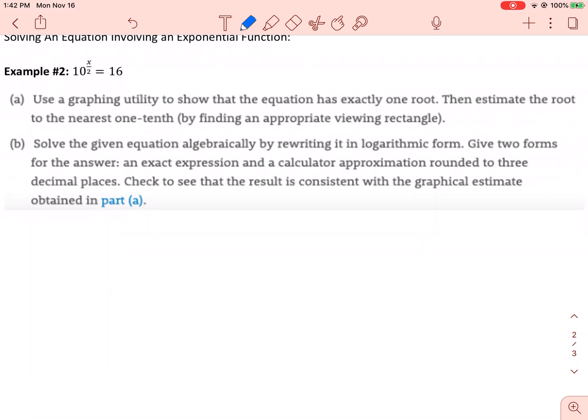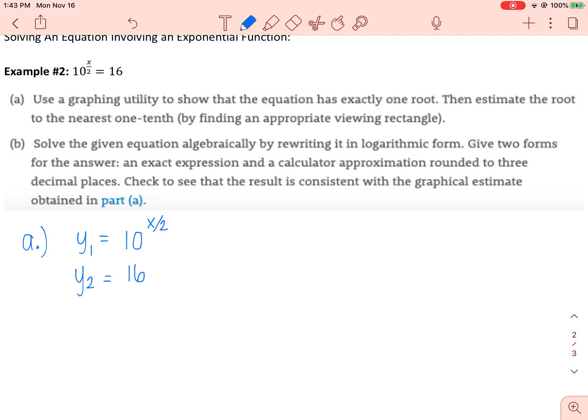Okay, so part A, in your calculator, you're going to treat each side as its own equation. In other words, y1 is going to equal 10 raised to the x divided by 2. Your second equation is going to equal 16, because you're trying to find where they are equal.